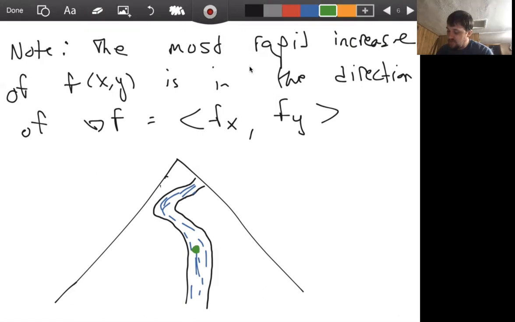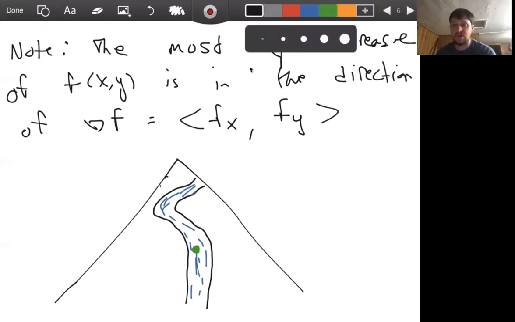So if this is a leaf flowing along this stream, it's going to flow along the path of least resistance. And the path of least resistance is also going to be where the water is flowing the fastest. And the direction that the water is going to be flowing the fastest is the gradient of the flow represented as a function in two variables.